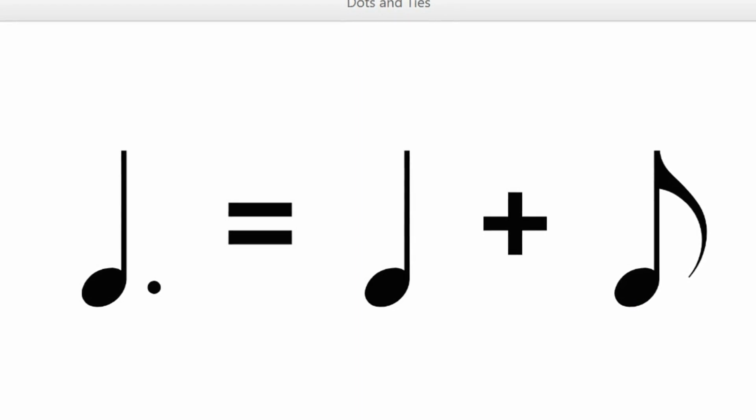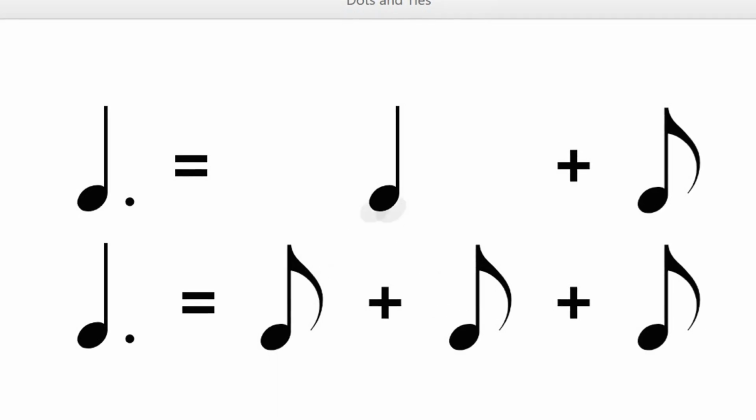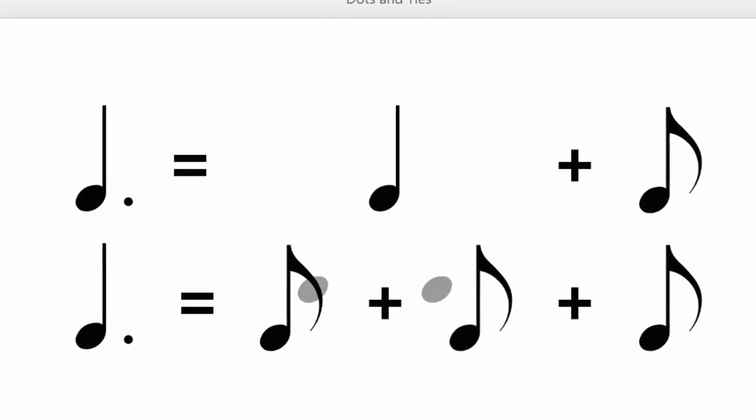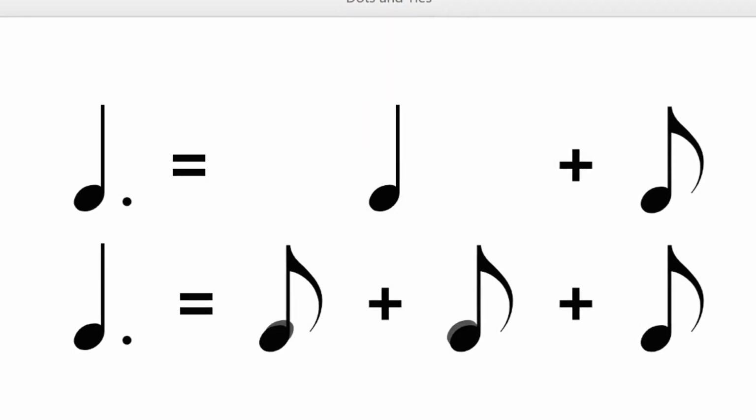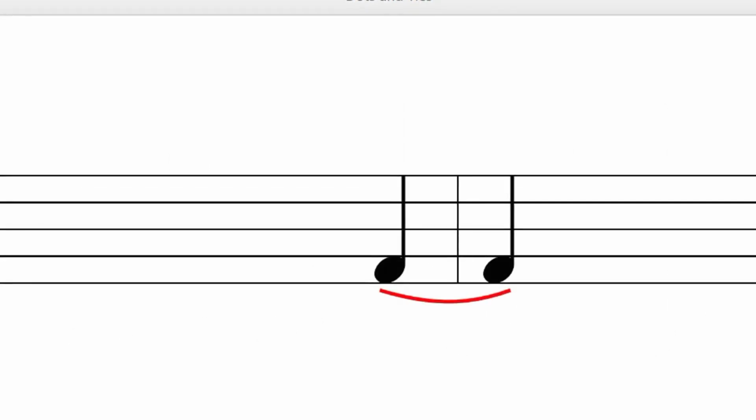We put it there, but the duration is still half of it, and the way it looks here, as you see it, the dotted note up top equals a quarter plus an eighth. I prefer the symbol of halves rather than the eighth, but it's correct. It still signifies the same thing.